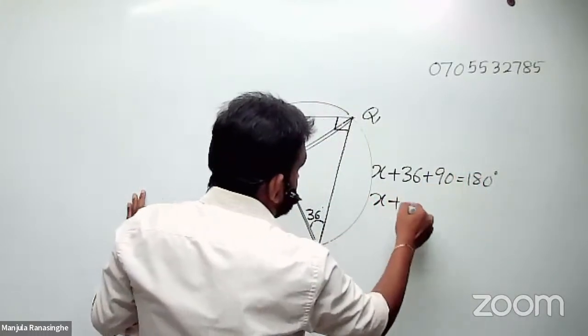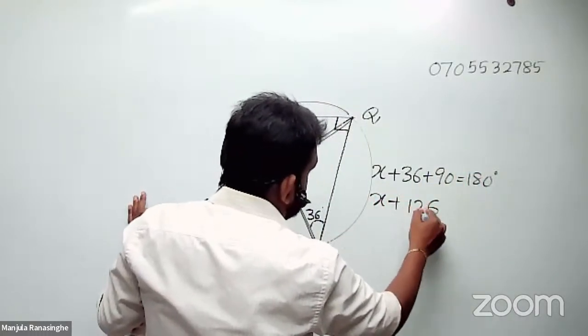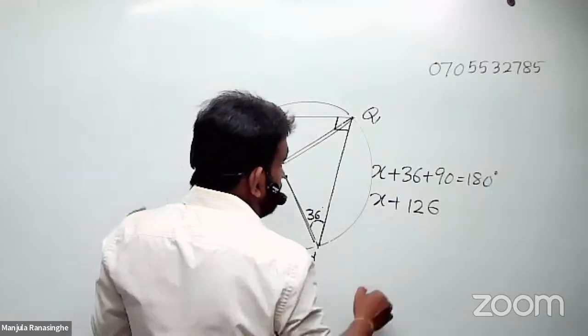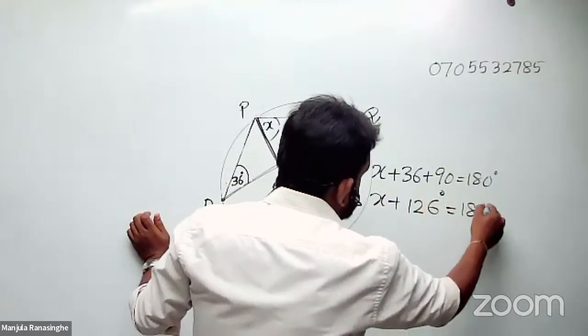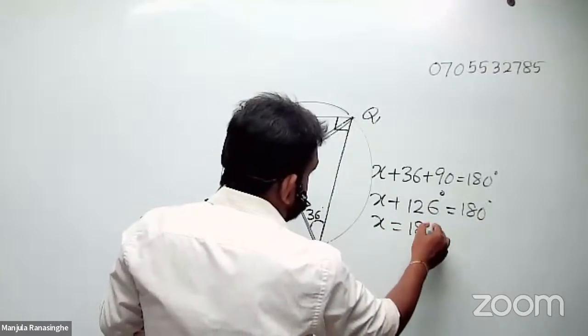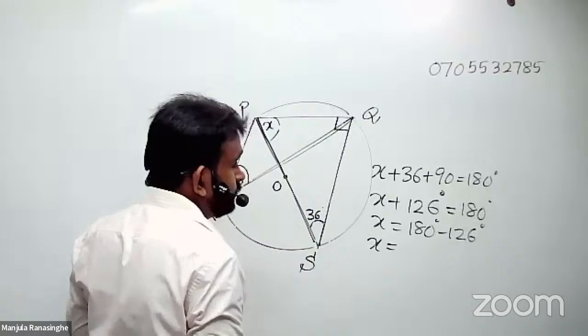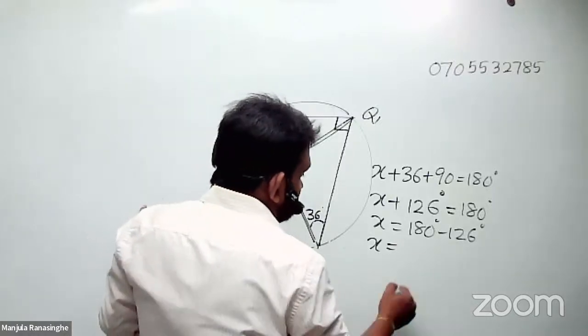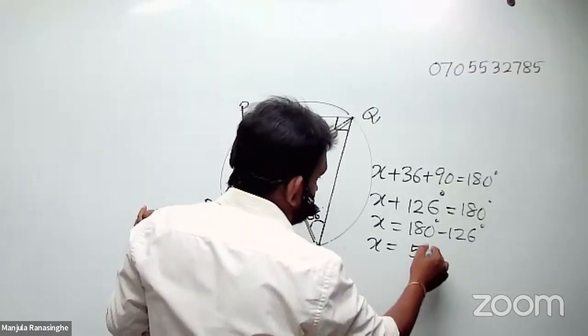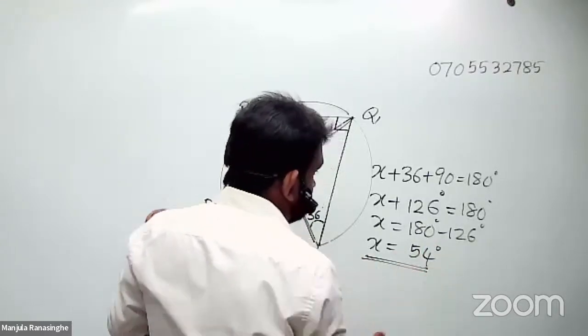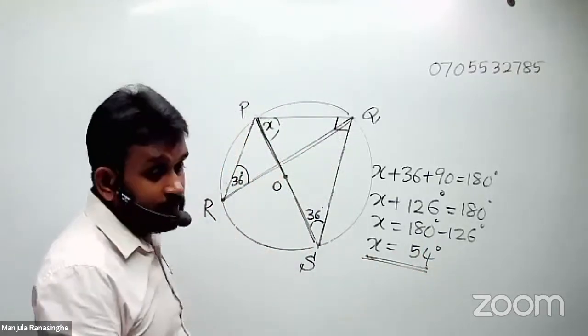So x plus 126 equals 180. Just subtract 126 from 180. So x equals 54 degrees, right? X equals 54 degrees.